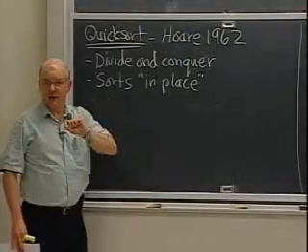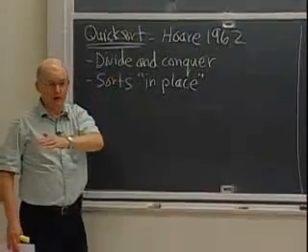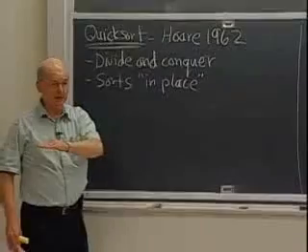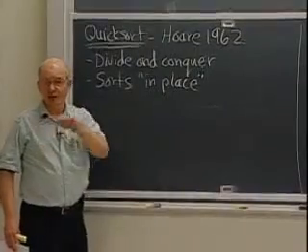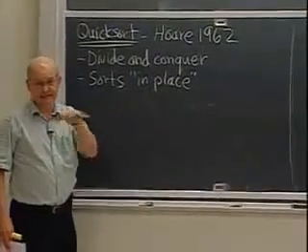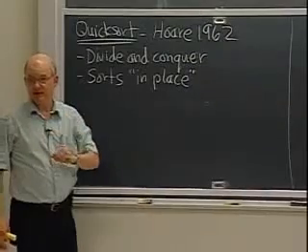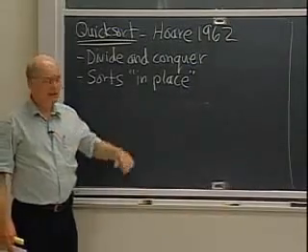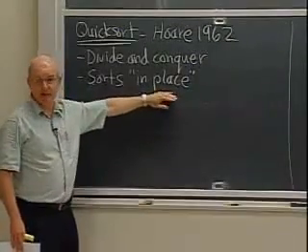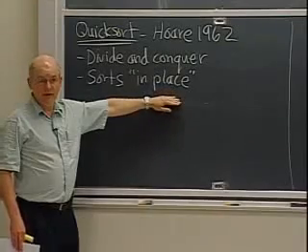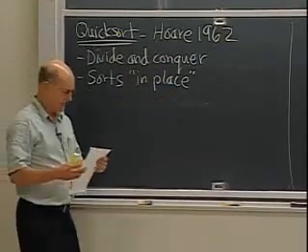Merge sort does not. Merge sort requires extra storage in order to do the merge operation. It doesn't merge in place in linear time. It doesn't do it just by rearranging. So it's nice because it's in place, which means that it's fairly efficient in its use of storage.